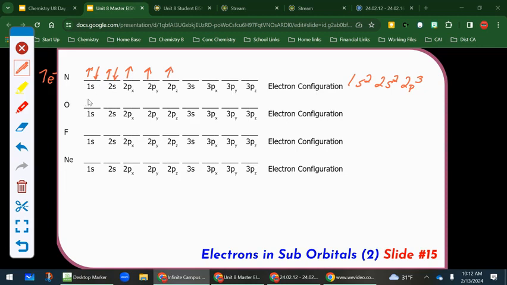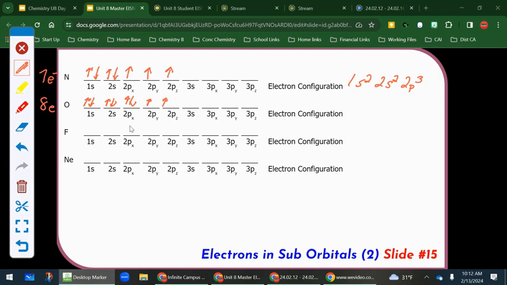Oxygen. 1, 2, 3, 4. 8 electrons. 5, 6, 7. Where does the 8th one go? Now you've got to start pairing them up. There's no other place to go. Why don't you go to the 3s?